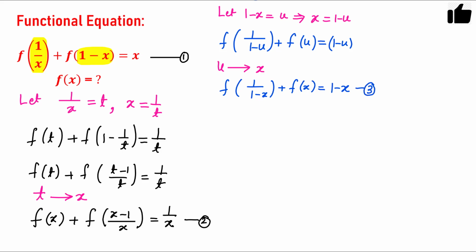So now if you see how many unknowns we have. You have one unknown f(1/x), another is f(1 - x), and then you have f(x), and then you also have f((x - 1)/x), and there is also another unknown f(1/(1 - x)). So we have so many unknowns.